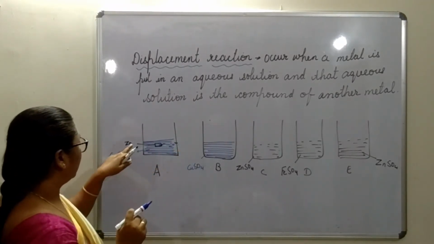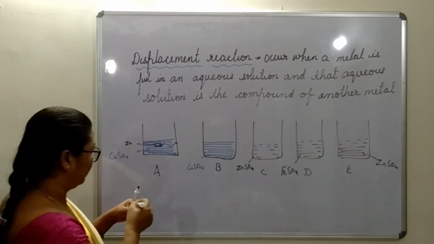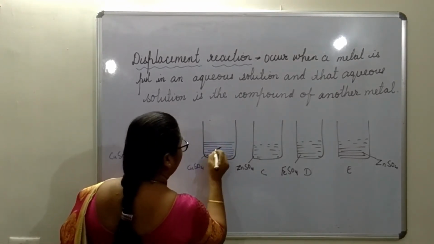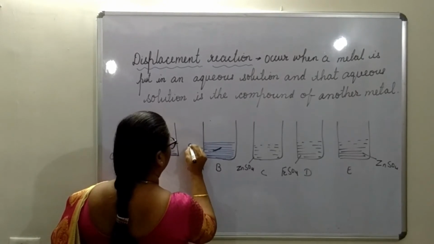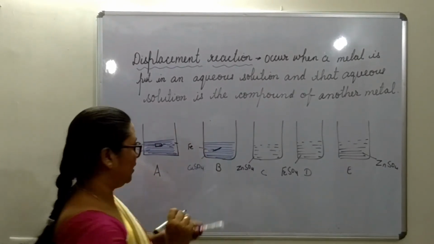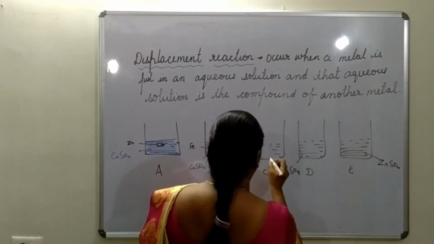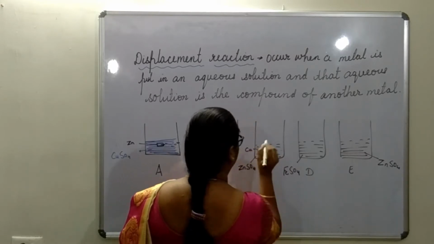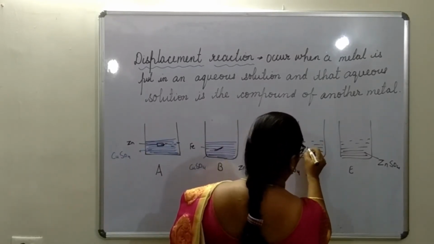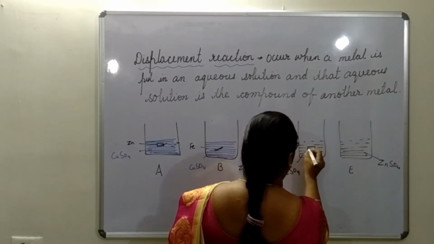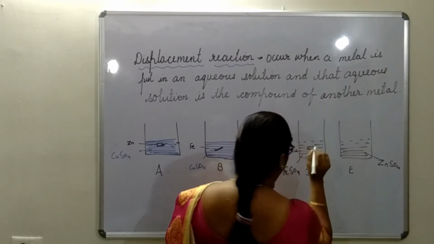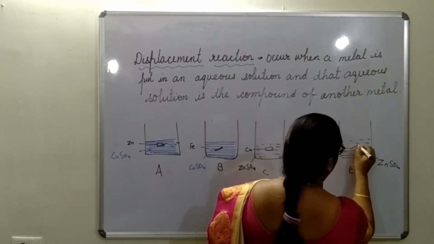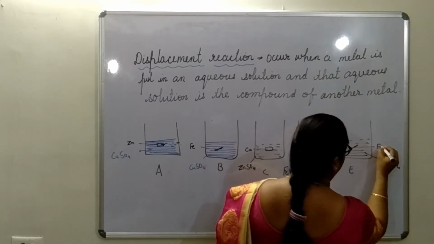I will put a granule of zinc in beaker A. In the second beaker I will put an iron nail. In the next beaker I will put copper. In the next beaker, again I will put copper. In the last beaker, again I will put a nail, that is Fe.